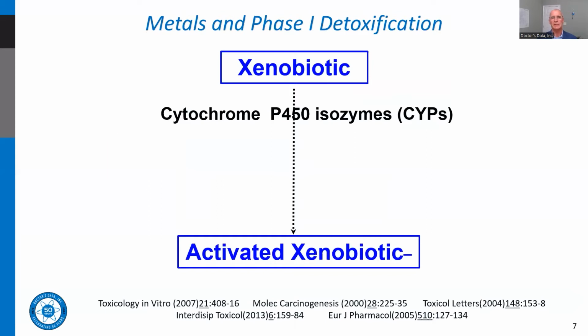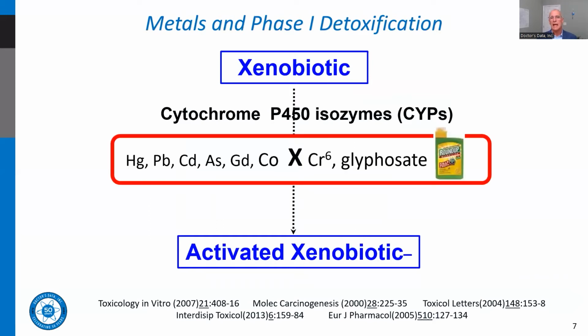Well, the problem is mercury, lead, cadmium, other metals, and our friend glyphosate can impair phase 1 detoxification. Okay, so here we have an effect of metals on just normal phase 1 detoxification.